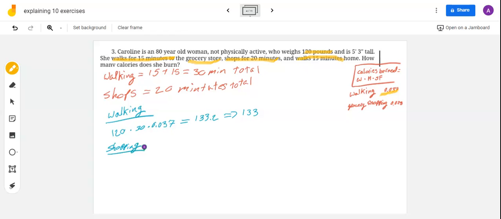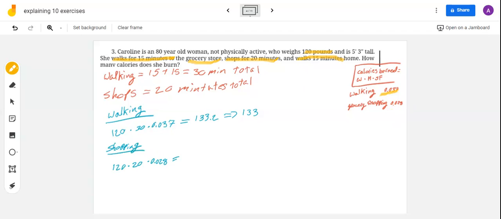Great. So again, the basic formula, she's 120 pounds. Says she was shopping for 20 minutes. And the scale factor for grocery shopping is 0.028. Okay?